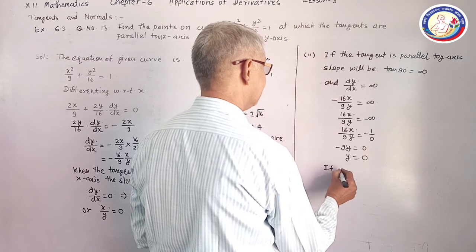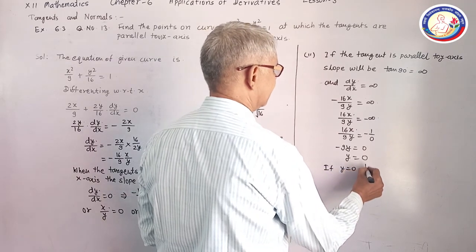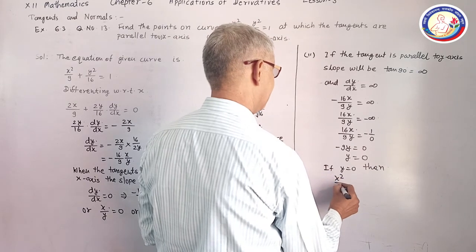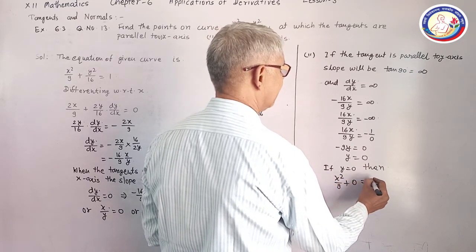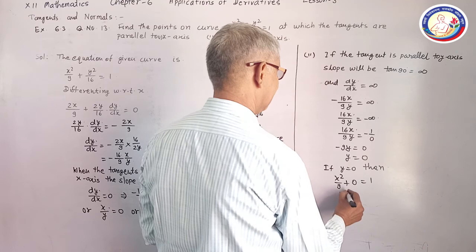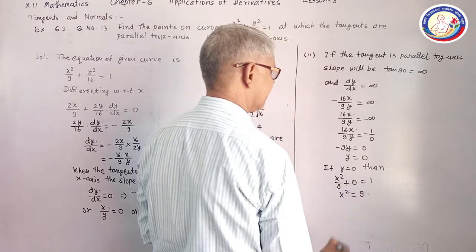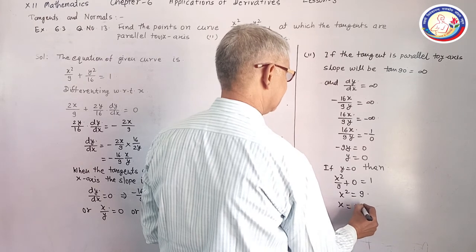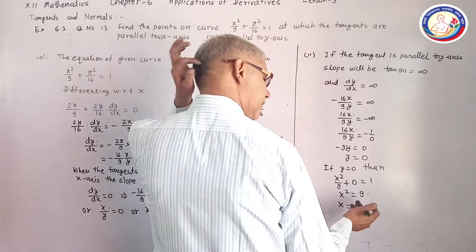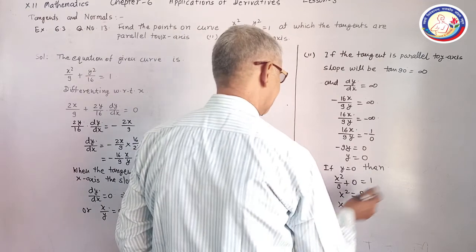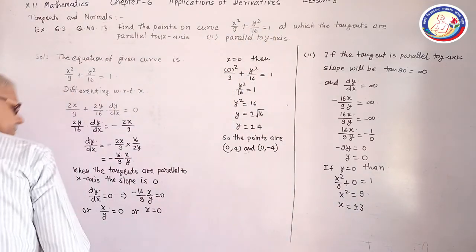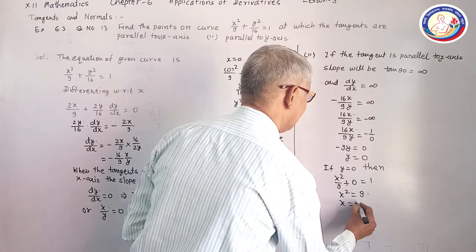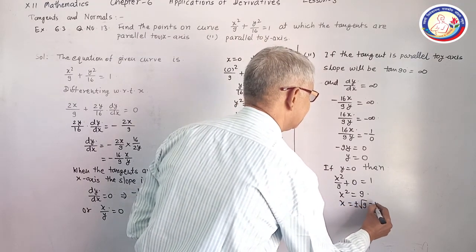If y equal to 0, then x square upon 9 plus 0 will be equal to 1, and x square will be equal to 9. So x will be plus minus square root of 9, that is plus minus 3.